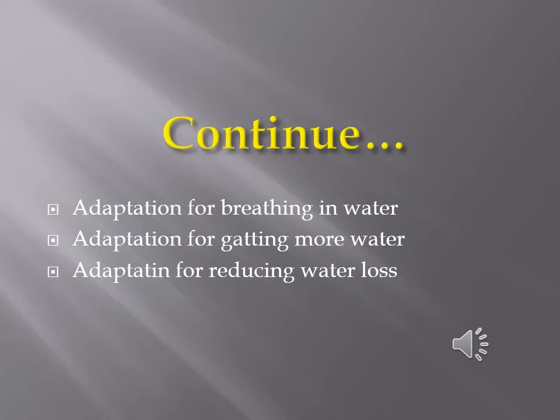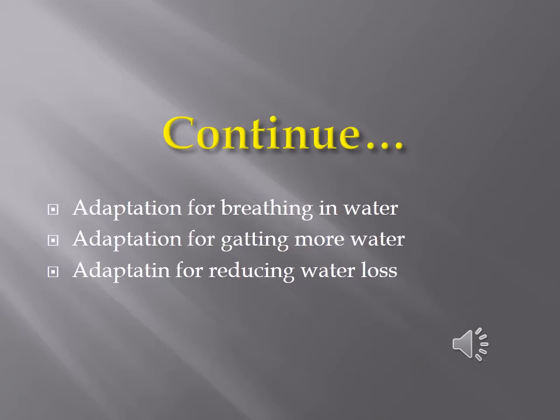But some fishes and other aquatic animals have gills to help them breathe in water. Dolphins and whales are not fish. They are mammals. That's why they have a special nose or nostrils that allow them to breathe in the air.